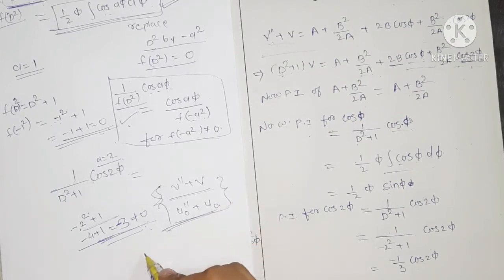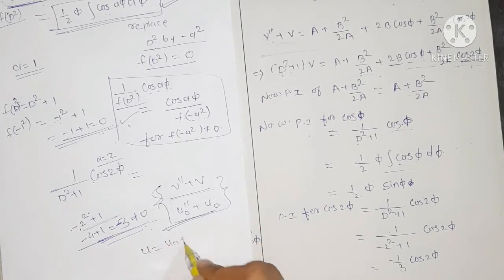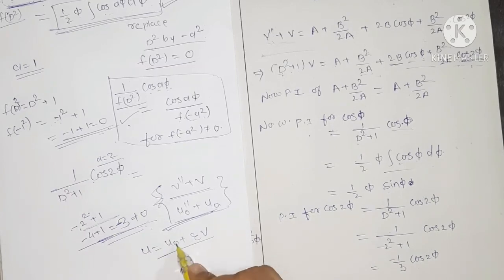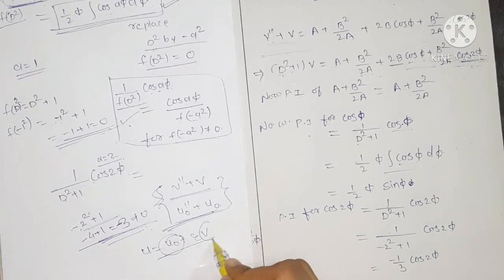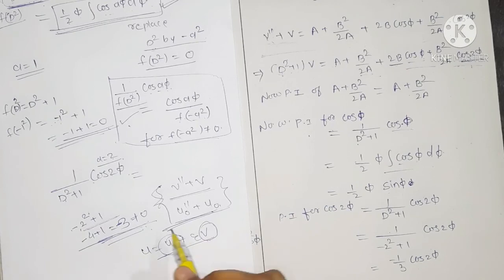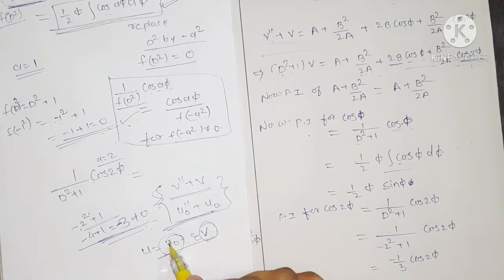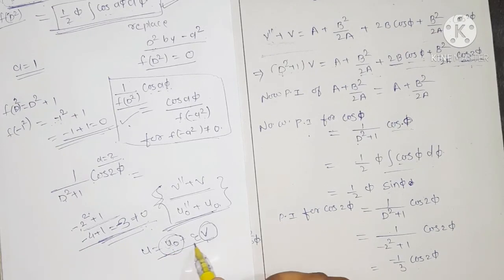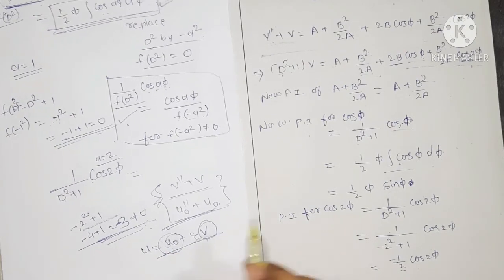Since u equals u0 plus epsilon v, the complementary function of u0 and of v is the same. Thus we are not taking the complementary function of v, only defining the complementary function of u0 and finding the particular integral of v.